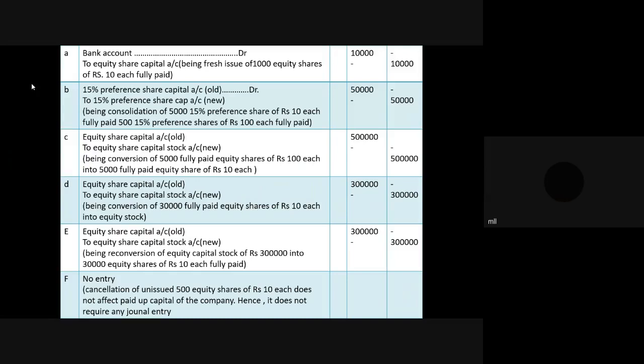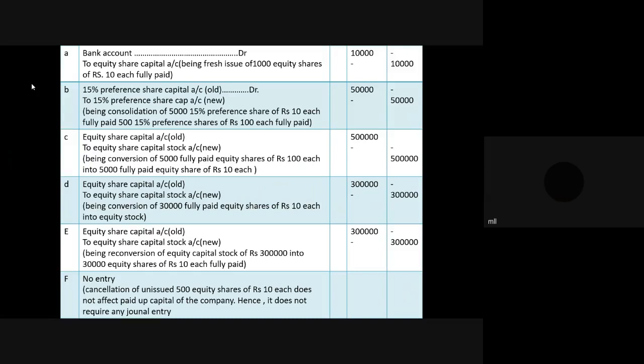Next, fifth, the company has reconverted equity stock of rupees 3 lakh into 30,000 fully paid equity shares of rupees 10 each. That is the journal entry.